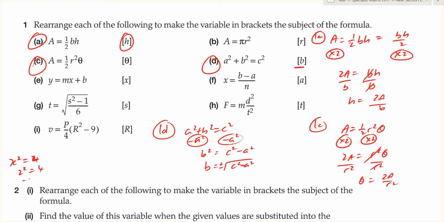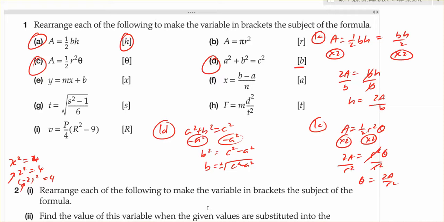What is negative 2 squared, or negative 2 times negative 2? Positive 4. Can you see that there are two possibilities? I can have plus 2 as the answer or minus 2 as the answer. That is why whenever I square root, I have to consider the negative possibility as well, which is why I have plus or minus the square root of c squared minus a squared. So it's really important that whenever you square root something, you get the plus or minus solution of it.